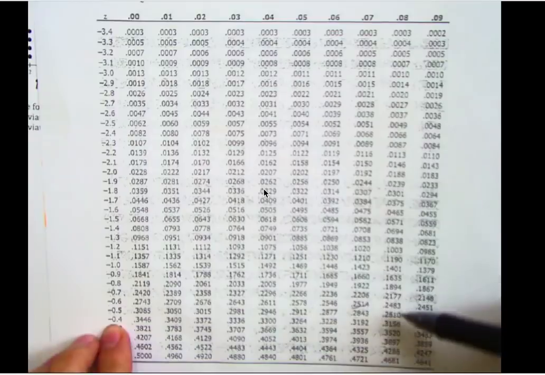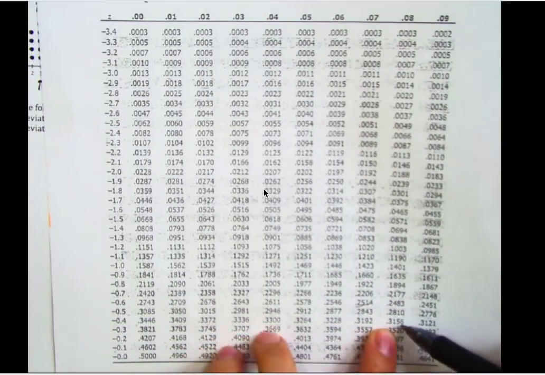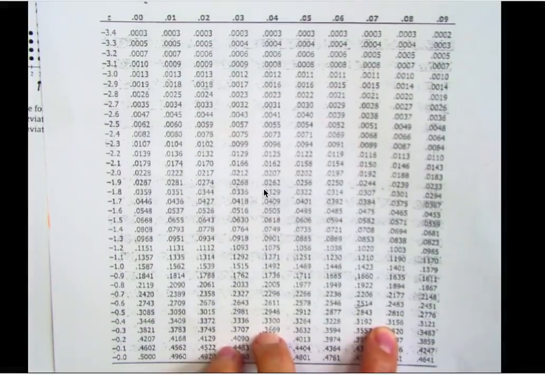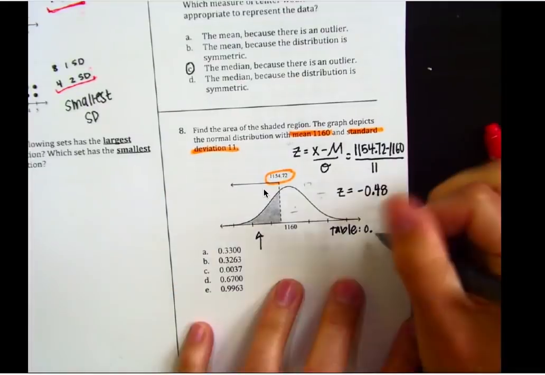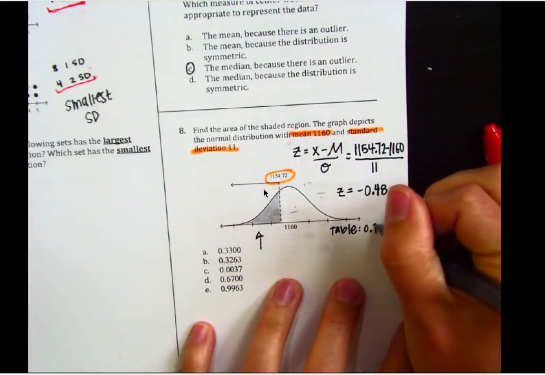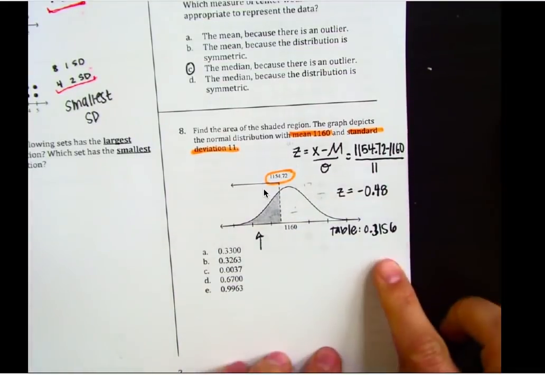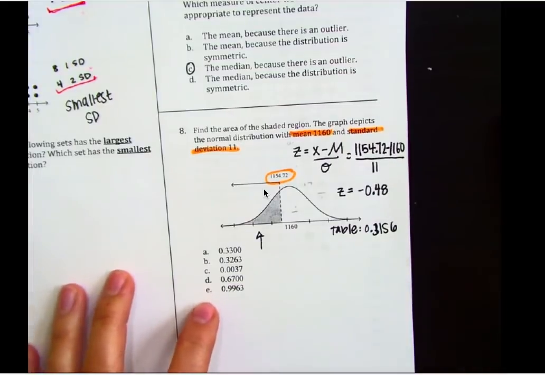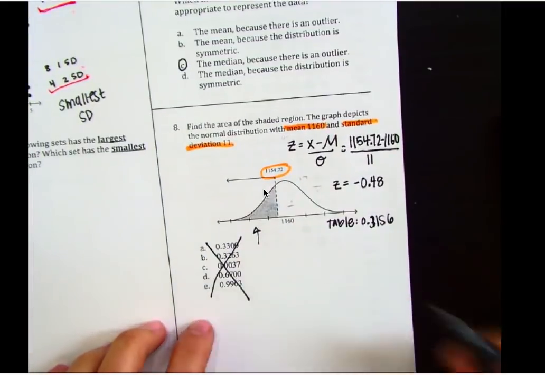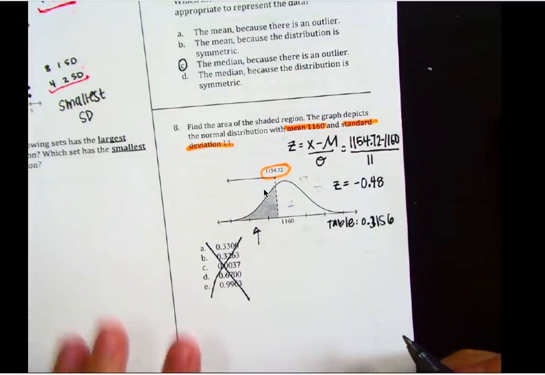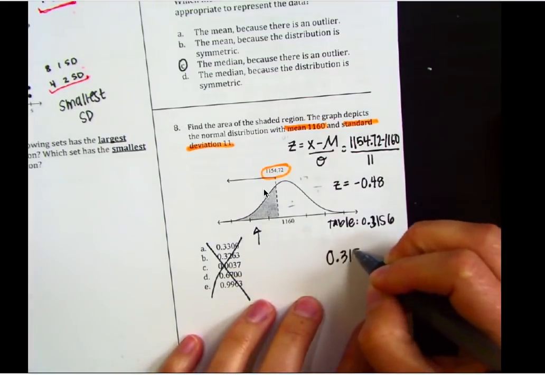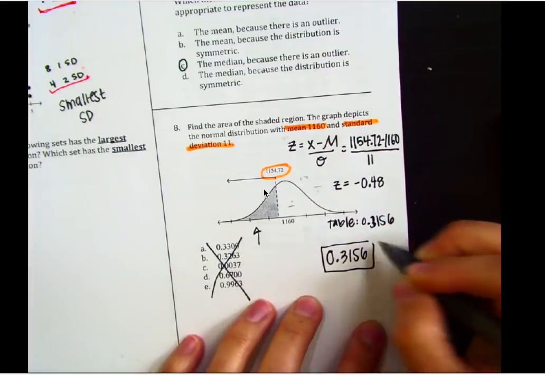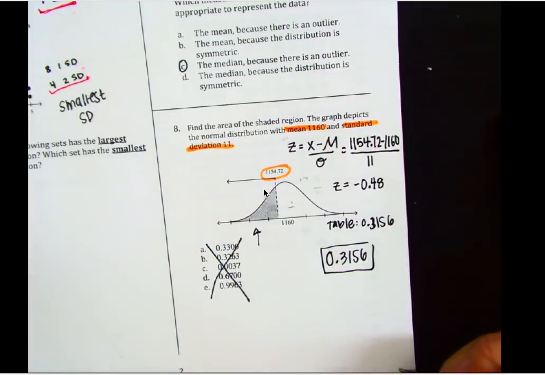So here's the 8 meeting our negative 0.4 at 0.3156 right there. Okay, so 0.3156 comes from my table. So actually for number 8, that problem got a little messed up, so that's not one of our multiple choice answers, but this is the area shaded to the left of my value.